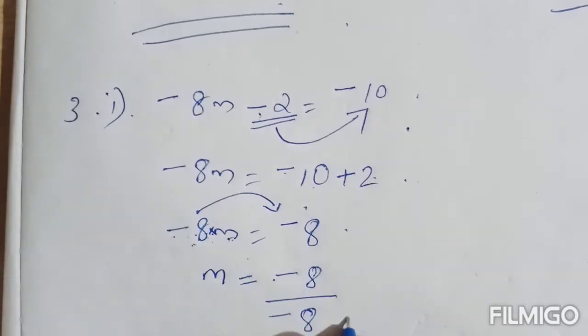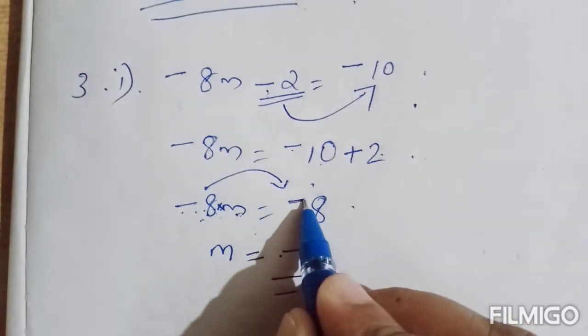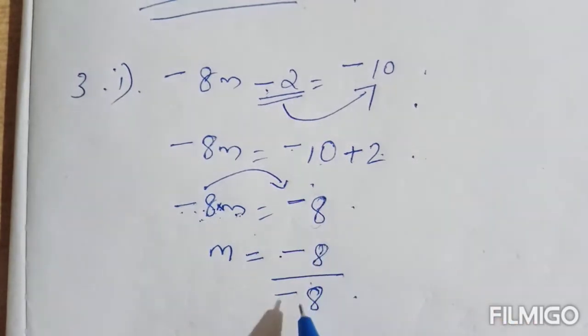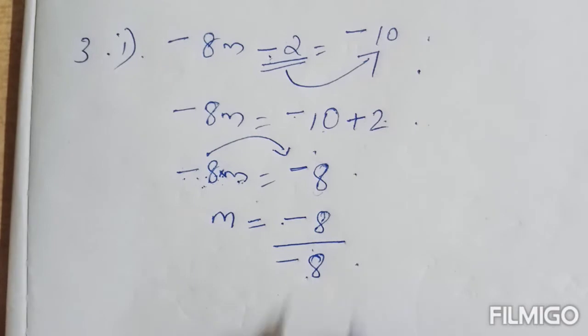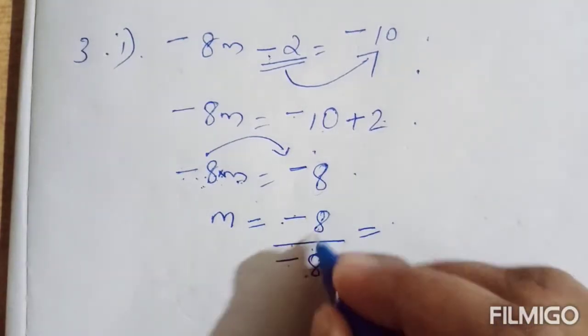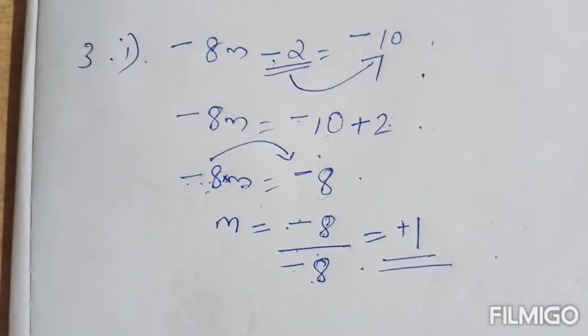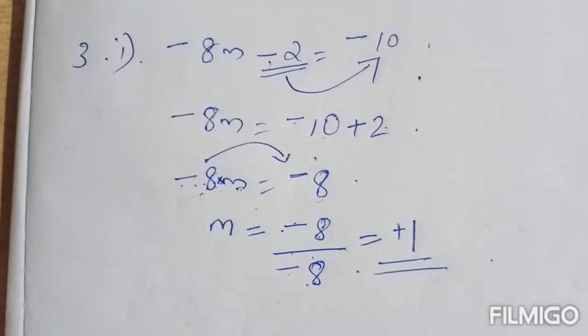Okay, now negative divided by negative, it is positive. 8 by 8 it is 1. That is positive 1 will be the answer. m equal to positive 1.